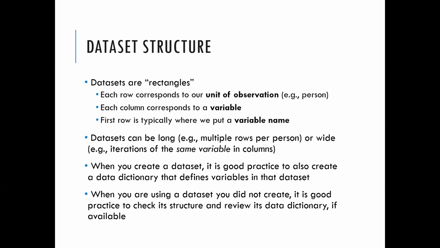So data sets are typically rectangles where each row corresponds to our unit of observation. And for most of us in our research, a unit of observation would be a person. In other studies, like animal studies, they might be a rat or a Drosophila fly.